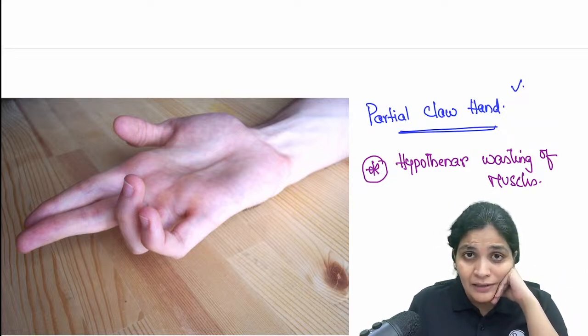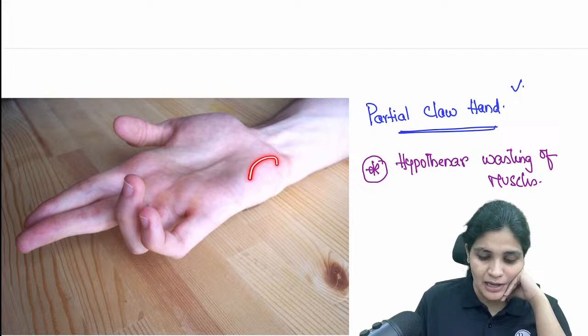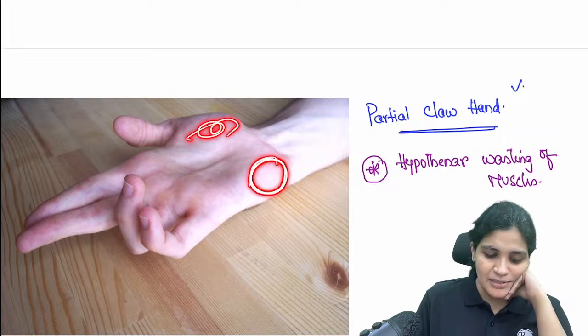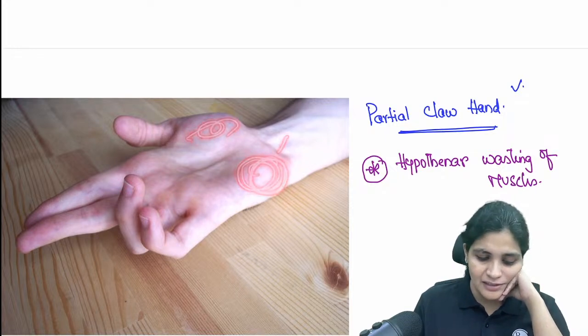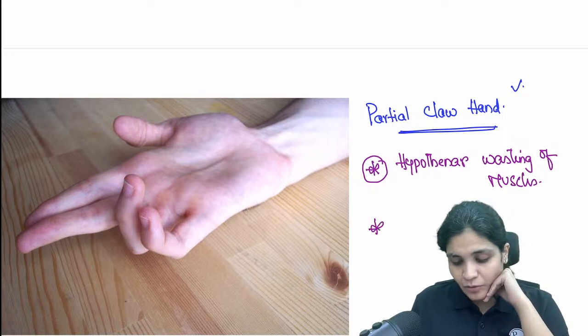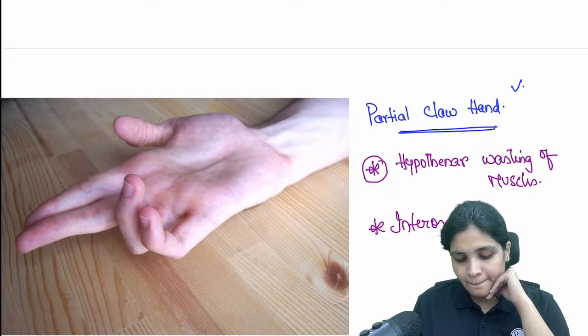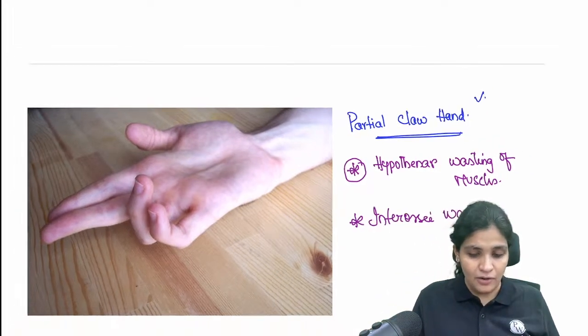This is the hypothenar wasting, this is the thenar muscles, this is hypothenar wasting, right? And on the dorsal aspect, you can see there will be interossei wasting also. So this is a partial claw hand, right?